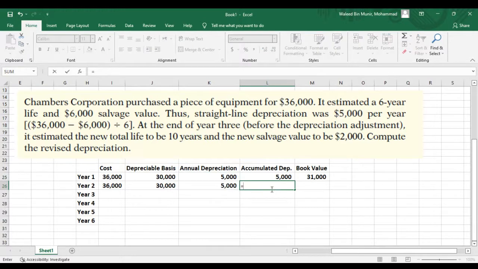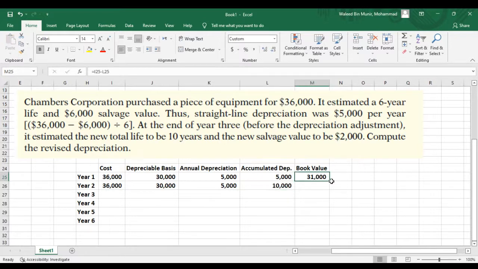Total depreciation is 5,000 plus 5,000, this year and previous year. So 10,000. Book value. Until this point, is it clear?